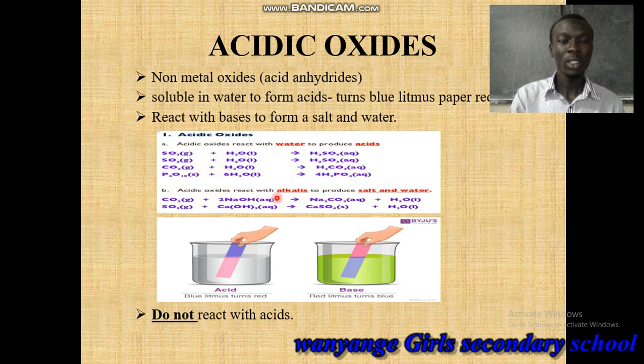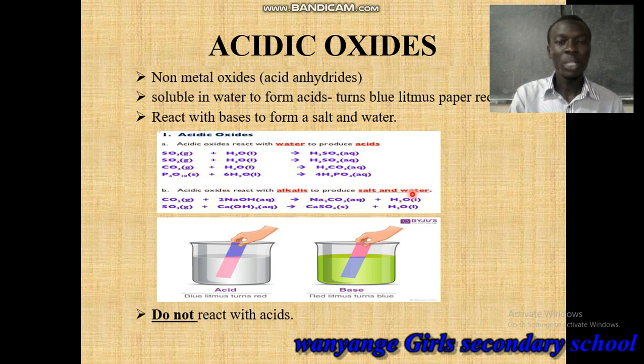Then, acidic oxides react with alkalis or bases to form a salt and water. This is extremely important for your chemistry. Acidic oxide plus a base or an alkali, you must produce a salt and water.